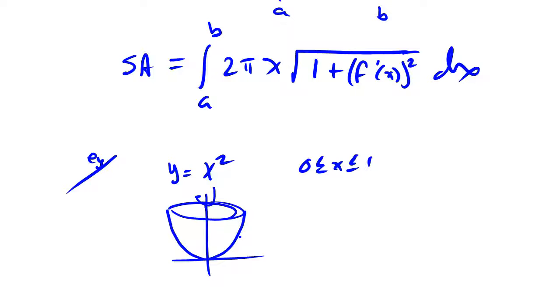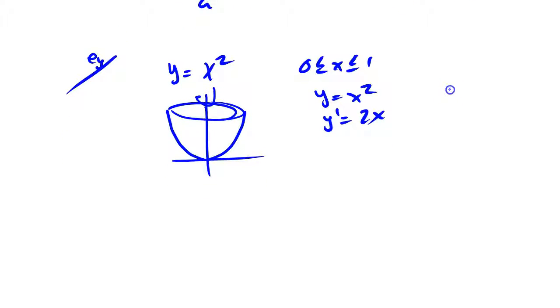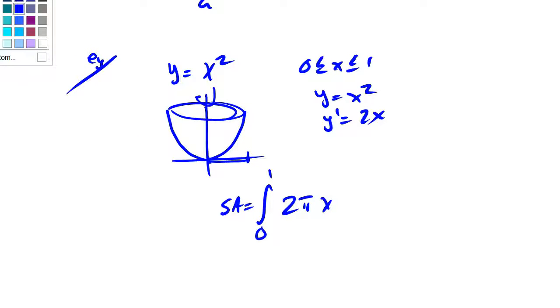Okay. So with y equals x squared, then y prime is 2x, and so my surface area should be the integral from start to finish. This is where my curve originated here, from 0 to 1. 2 pi times x, right? Because each little line segment, let me grab another color here, each little line segment generates one of these conical strips there.